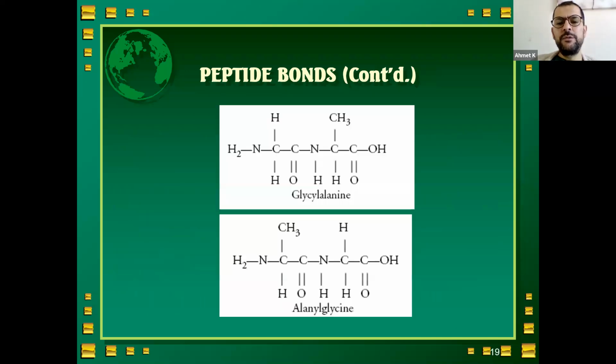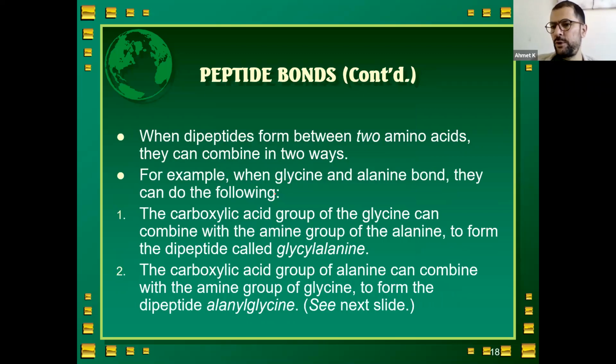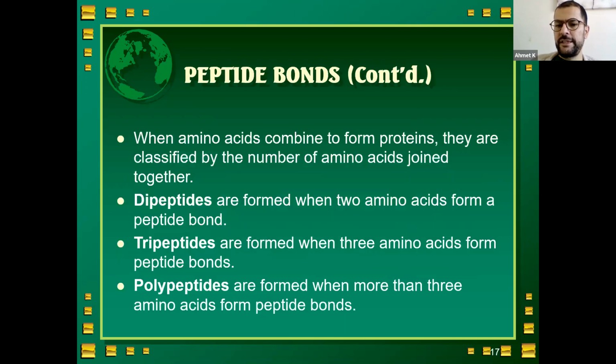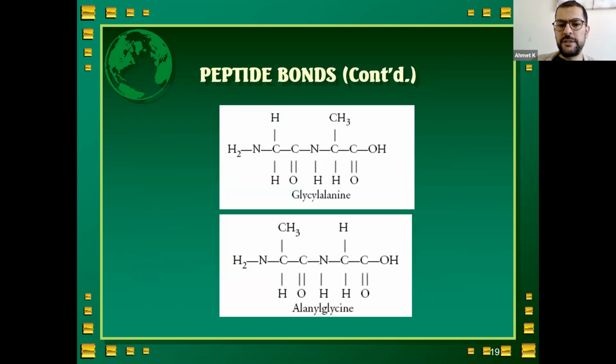And again, you don't have to worry about these two, but as you can imagine, whenever you have two amino acids coming together, you're going to have an order. So if you have the amino acids glycine and alanine, you're going to have two possibilities.